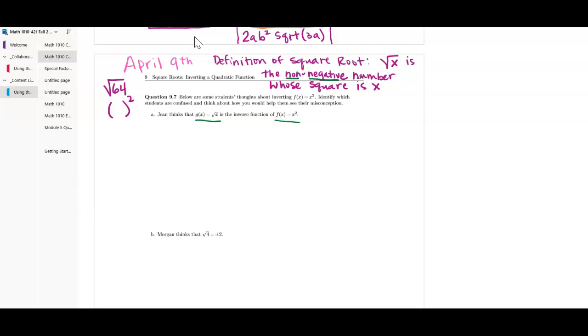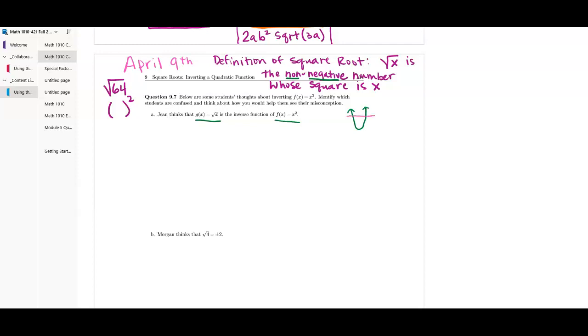So look on page 122. On this, she's almost correct. There's something here that's missing. Remember we said this, by itself, is not invertible because it doesn't pass the horizontal line test.